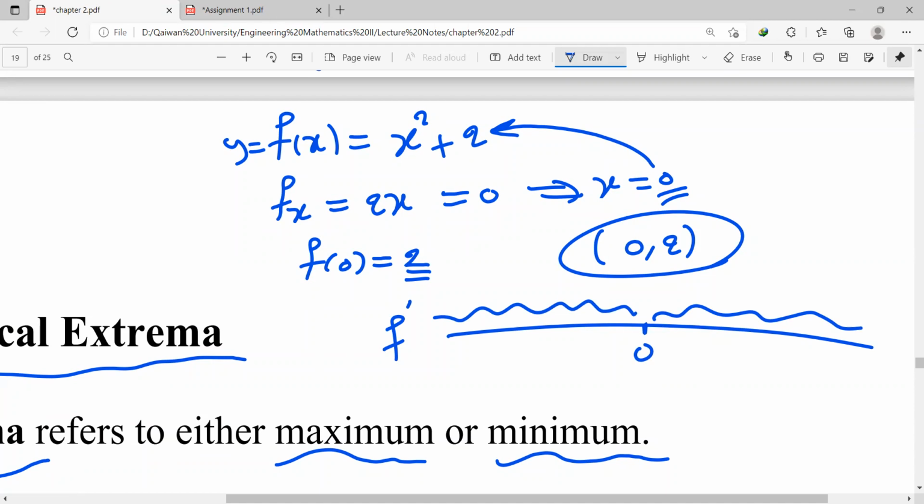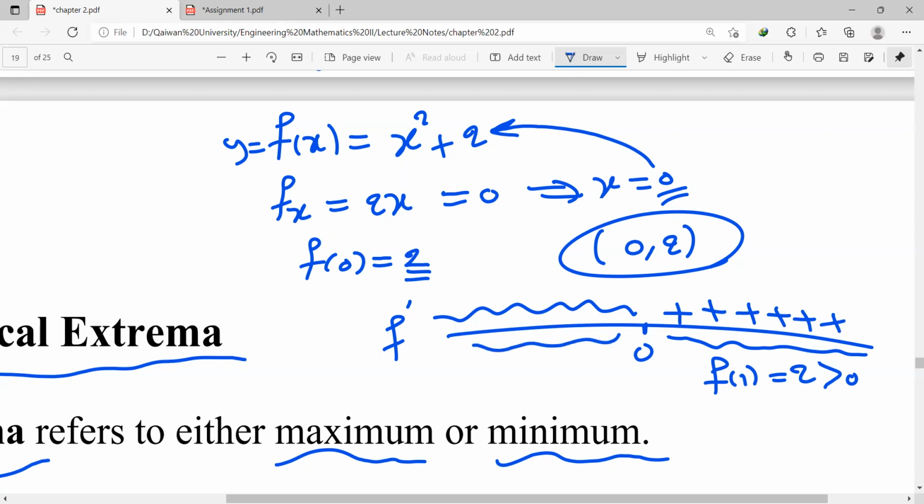And if it is negative, the function is decreasing in that interval. Let's pick any point bigger than 0, let's say 1. So f prime of 1 is 2, which is greater than 0. That means in this interval, the function is increasing.